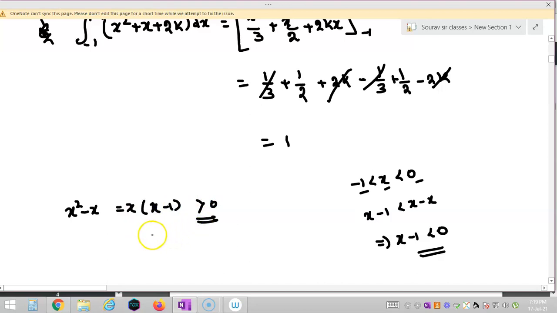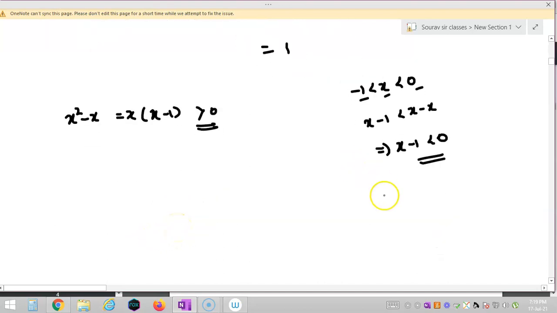Now when 0 is less than x less than 1, in this range I can say 0 is less than 1 minus x.